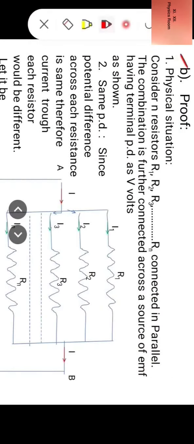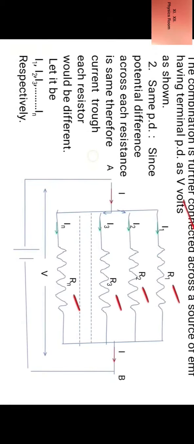Now B, proof of the law of parallel combination of resistance. First we develop the physical situation. Consider n resistors R1, R2, R3, and so on, Rn connected in parallel. The combination is further connected across a source of EMF having PD as V volts as shown in the diagram.